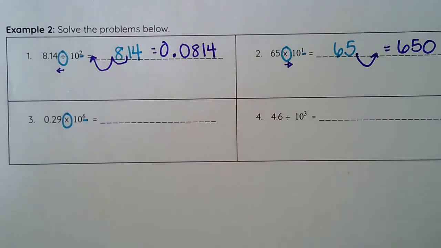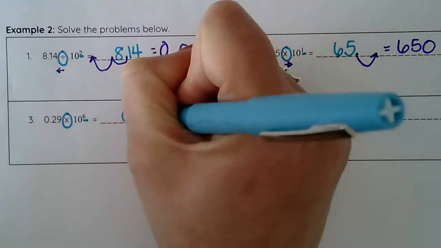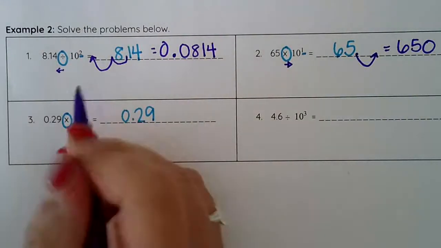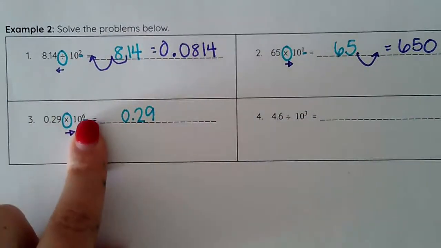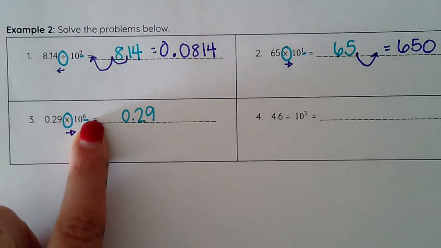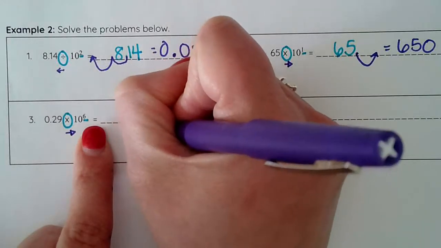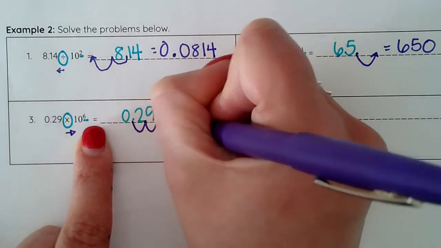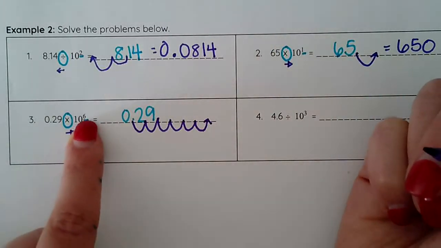Final 2, we go down here and we're multiplying again. Power of 6. We didn't go over that up at the top, but we know what the pattern is. I know that I'm multiplying, so I'm moving my decimal to the right. I also know that the exponent here tells me how many times to move my decimal. Therefore, I know I'm going to move my decimals to the right 1, 2, 3, 4, 5, 6 times.